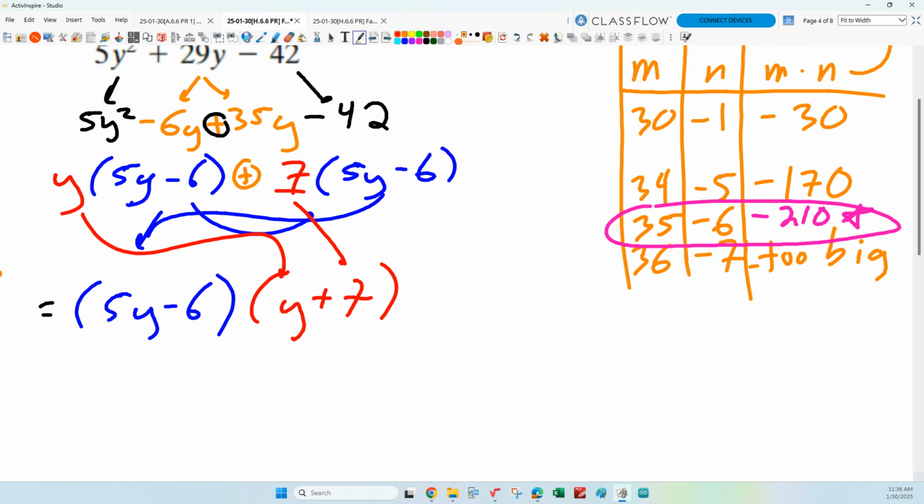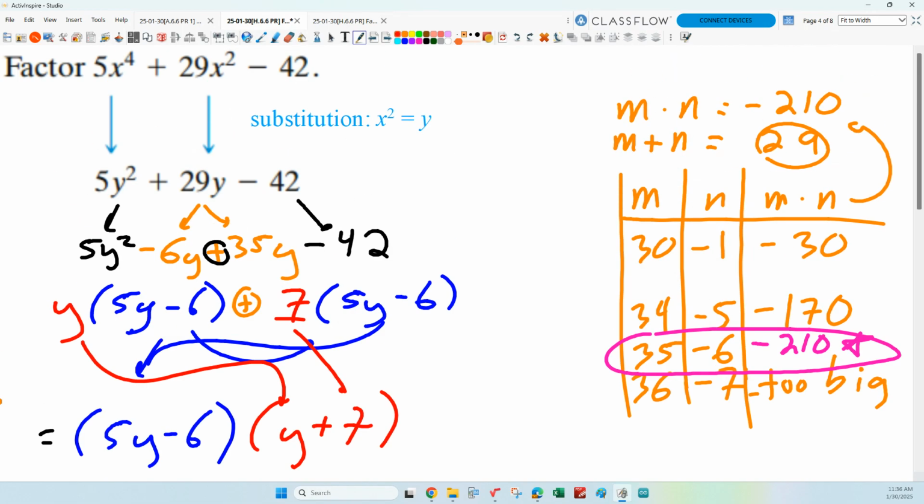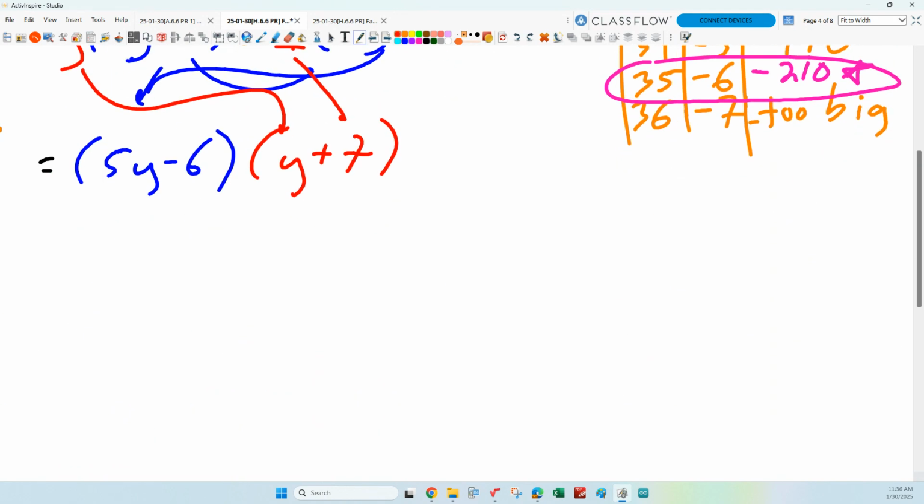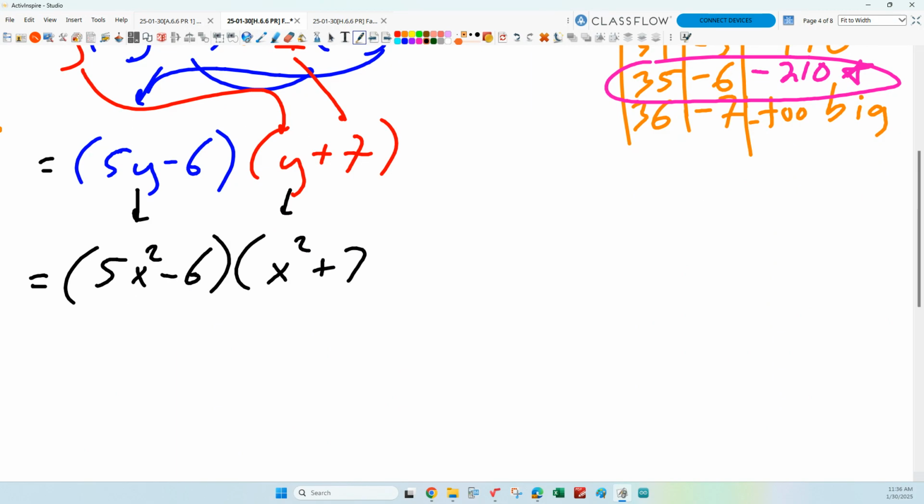Oh, what do we have to do? Yeah, we got to reverse the substitution. Good. So we need a box around that. We're going to swap the y's for x squareds, and we get the final answer, 5x squared minus 6 times x squared plus 7. Good? Okay, good, good. All right.